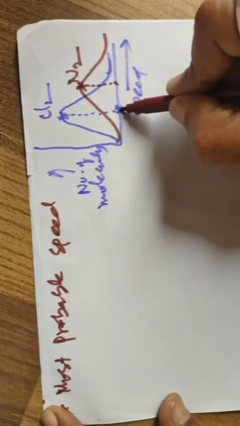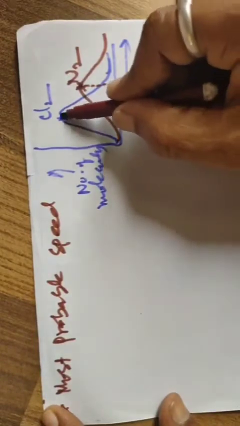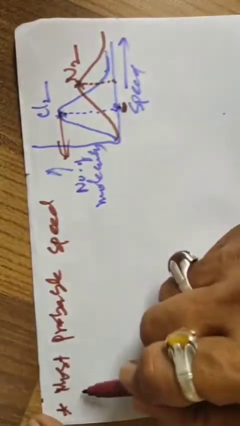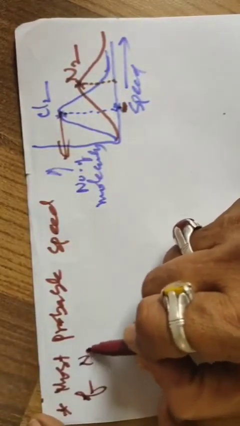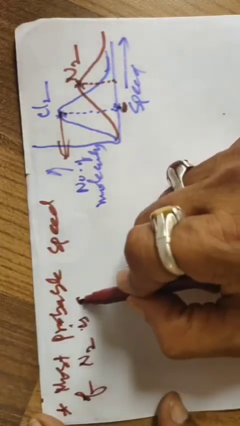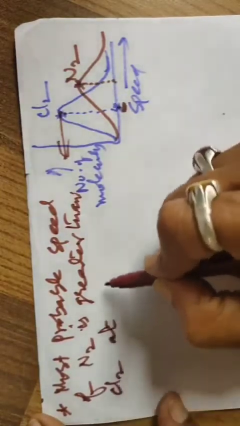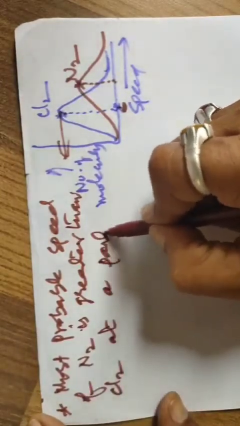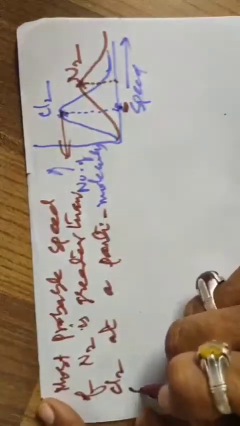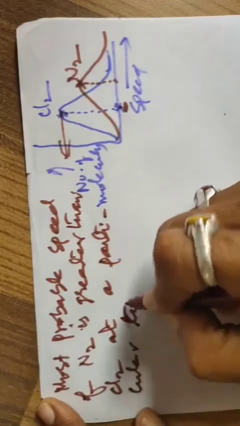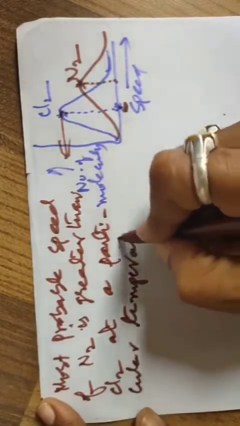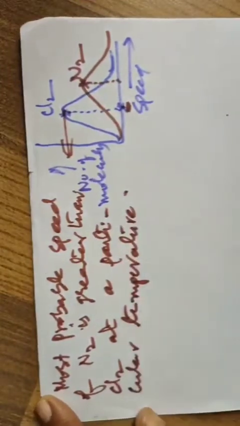The velocity possessed by the maximum number of molecules is known as the most probable speed. The most probable speed of nitrogen is greater than chlorine at a particular temperature. Both are at the same temperature.